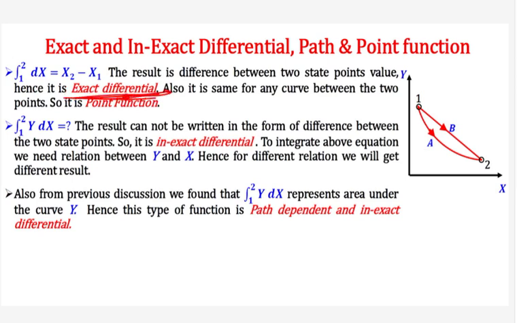And this we call a point function, because you are simply writing the result as a difference between two points only: final point minus initial point, simple. So that's why all exact differentials we call point functions.